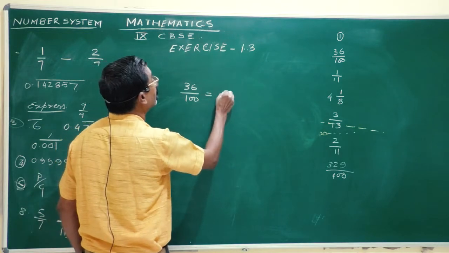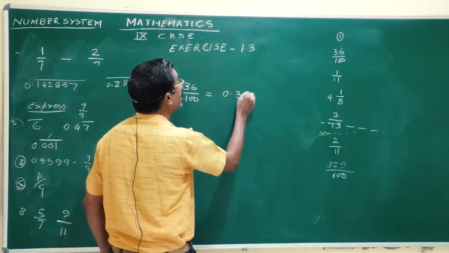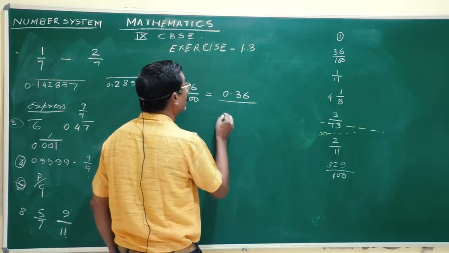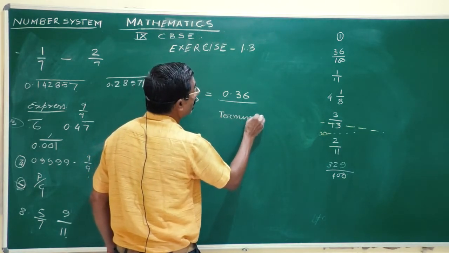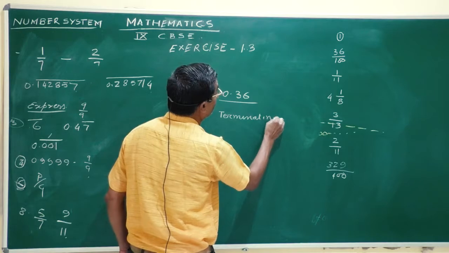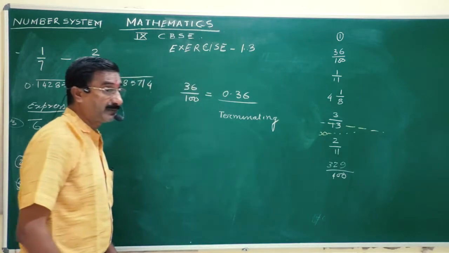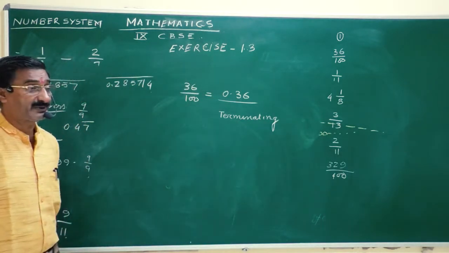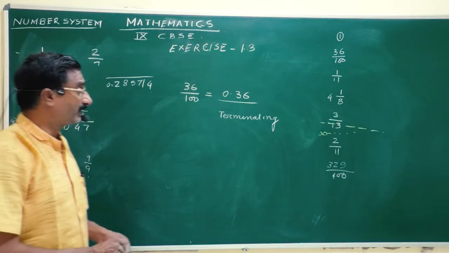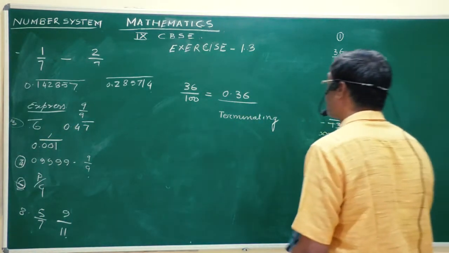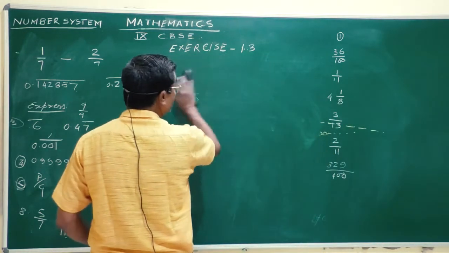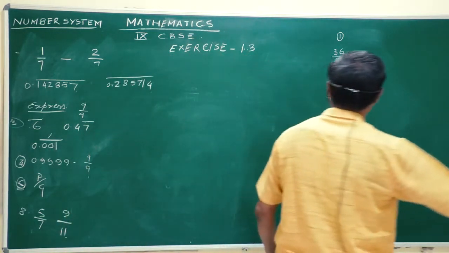So this is equal to 0.36. So this is terminating because the remainder becomes 0 and it is not repetitive. Clear? Remainder is 0, it means it is terminating. Next, 1 by 11.